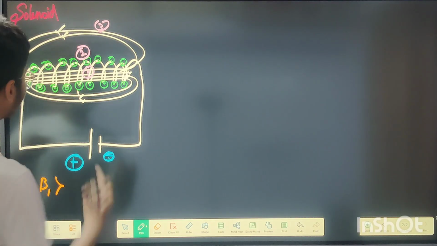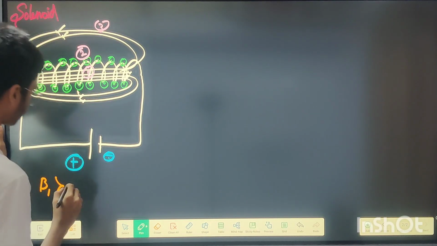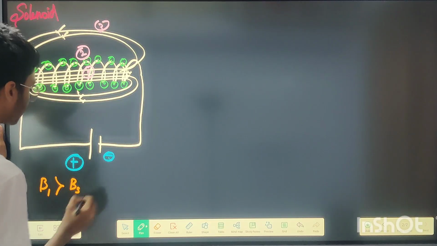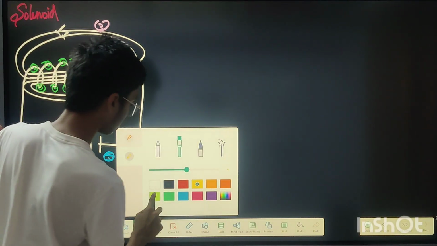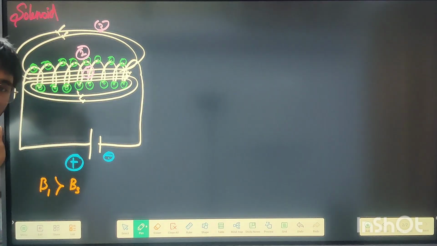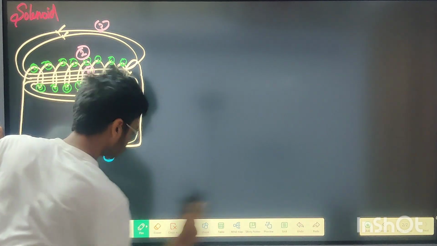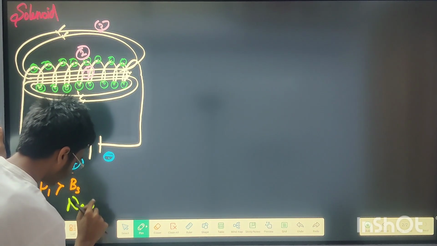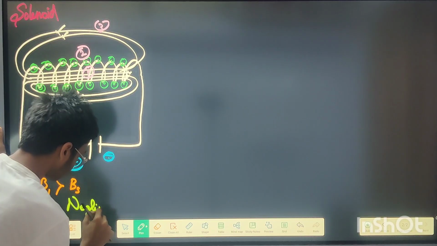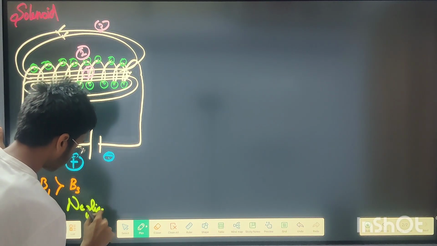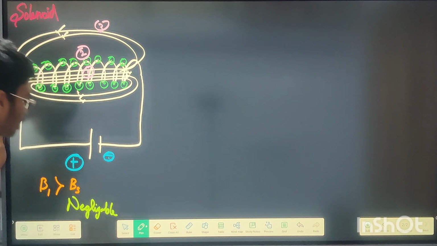Then secondly, the outside point, which is B3. Here the magnetic field will be there, but it will be very negligible.